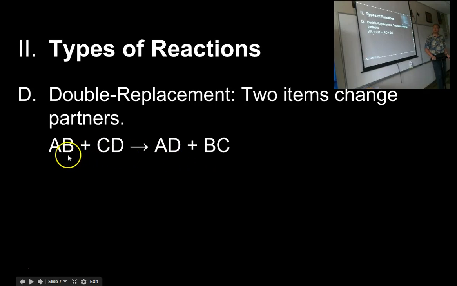These reactions frequently happen between acids and bases. So hydrochloric acid, hydrogen and chlorine, reacts with sodium hydroxide, which is a base. If you put hydrochloric acid and sodium hydroxide together, the hydrogen from the hydrochloric acid winds up hanging out with the hydroxide from the sodium hydroxide, and you get H2O, you get water.